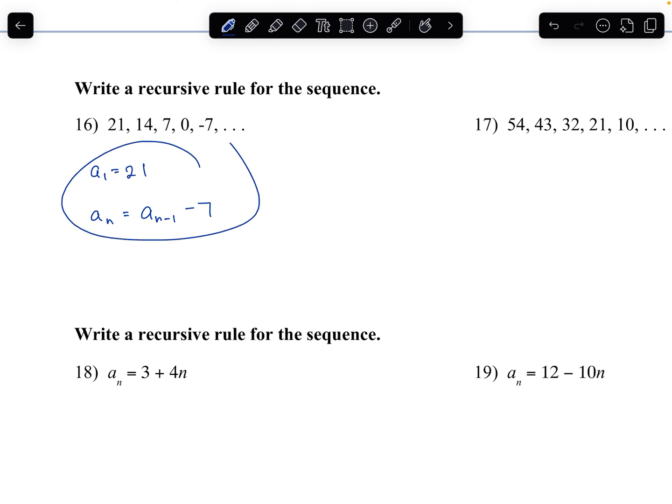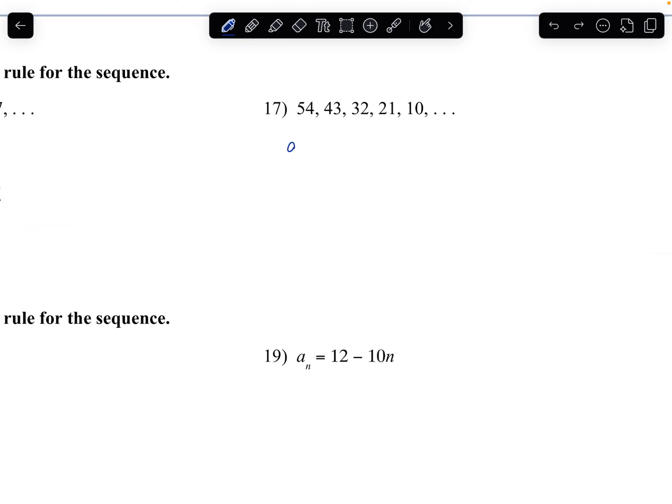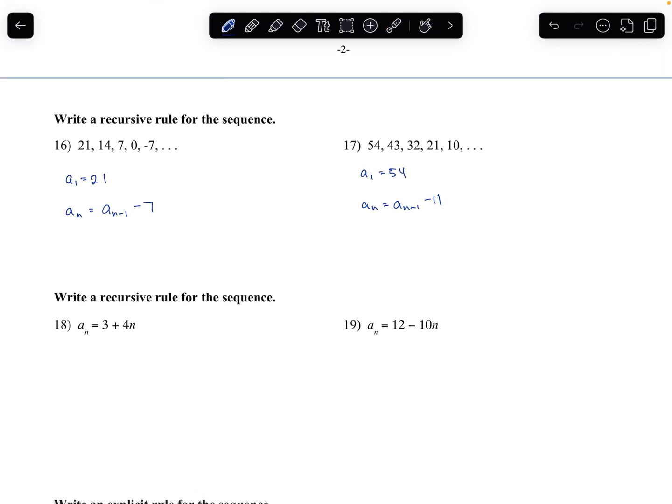So that's how you'd write a recursive rule for that sequence. Here, I'll say a sub 1 is equal to 54, and a sub n is equal to a sub n minus 1. The common difference here, from 4 to 3, is that 11? Yeah, so minus 11. And there's the recursive rule there.